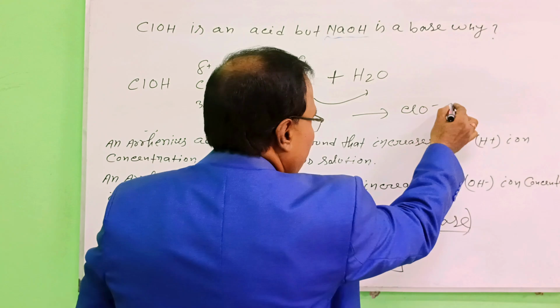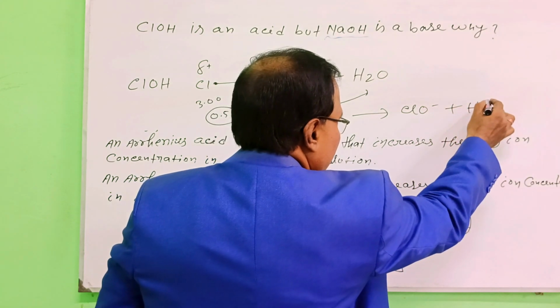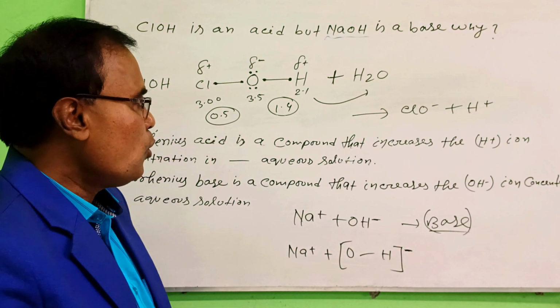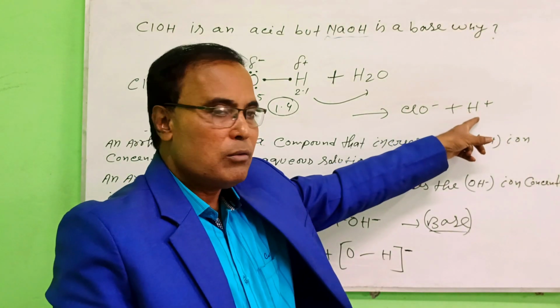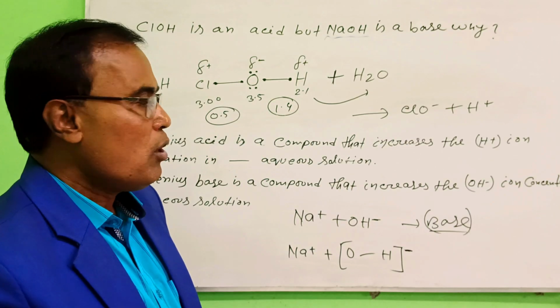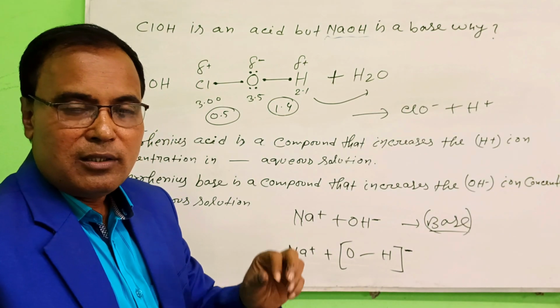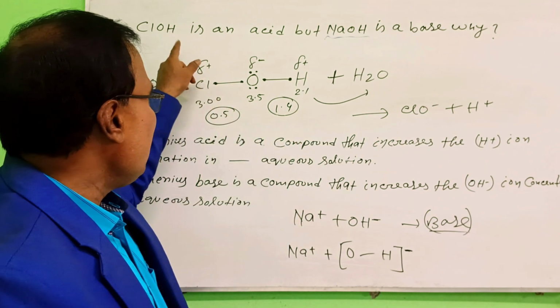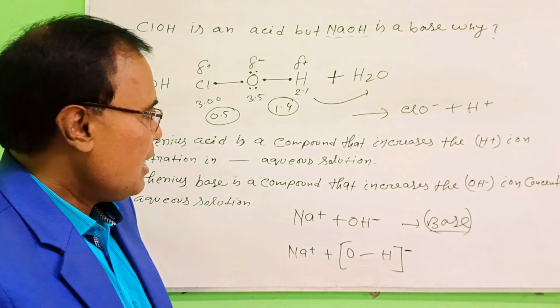One is ClO- and the other is H+. That means it will produce a proton, or H+ ion. This is why ClOH is called an acid. This is the better concept for understanding why ClOH is called an acid.